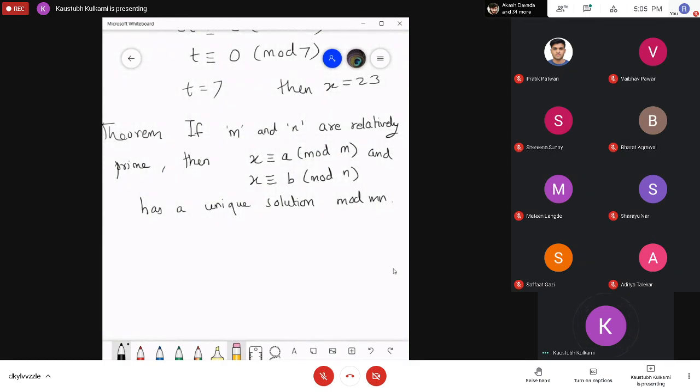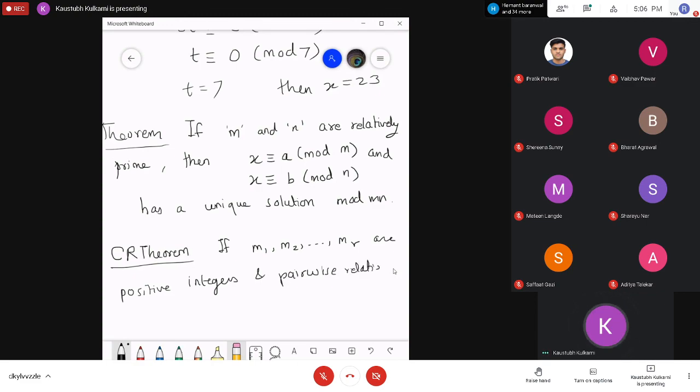And if we generalize this, which is actually the Chinese remainder theorem, what we get is: in general, if M1, M2 up to Mr are positive integers and pairwise relatively prime.